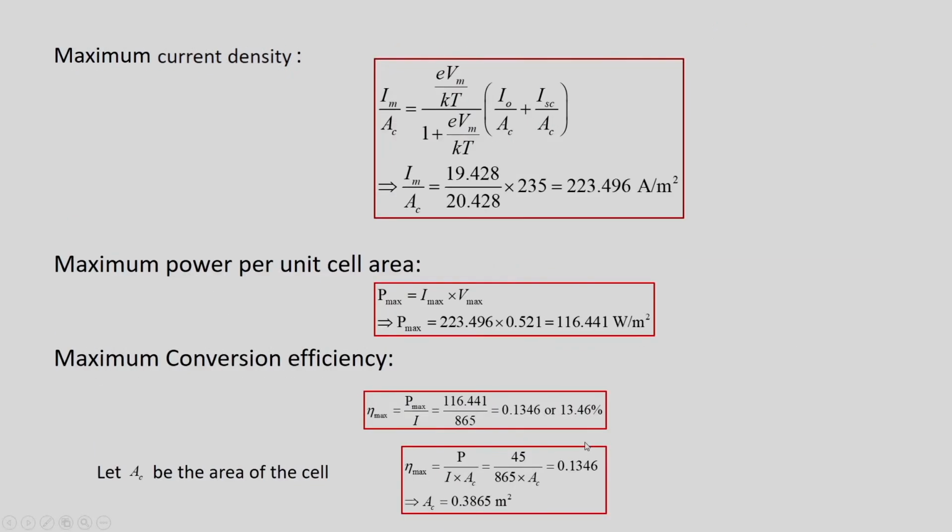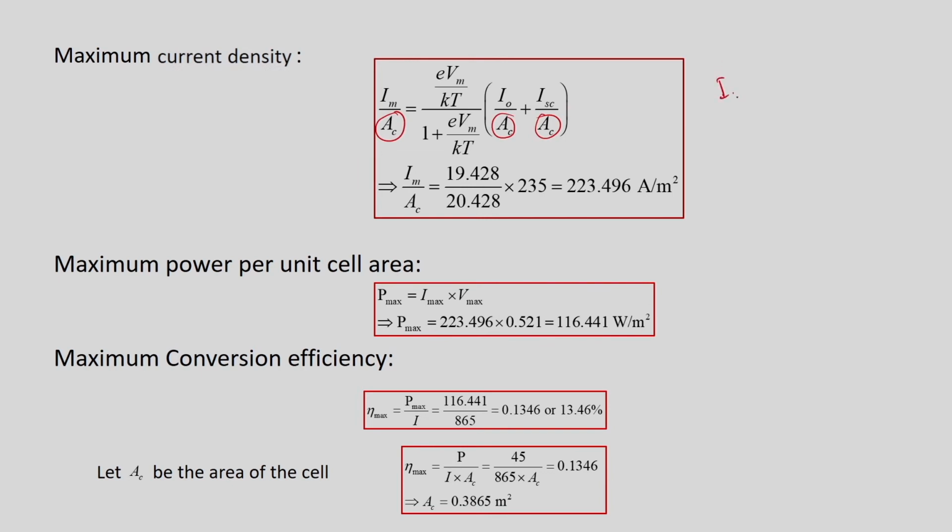Now once we know this, we can calculate the maximum current density. We can use this expression. In the expression we used during derivations, IC was not there, so we can take that expression.